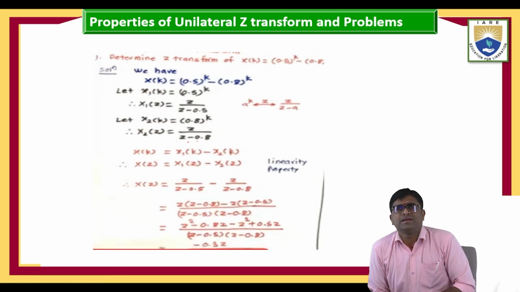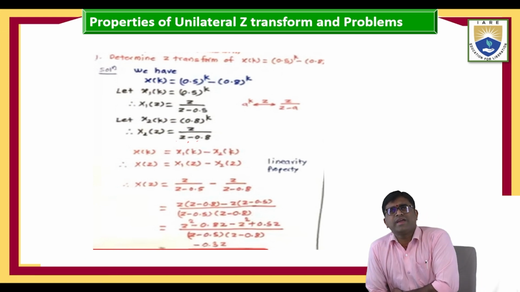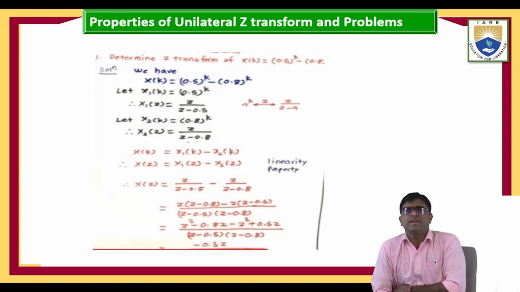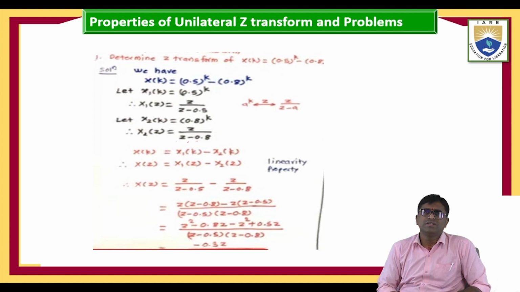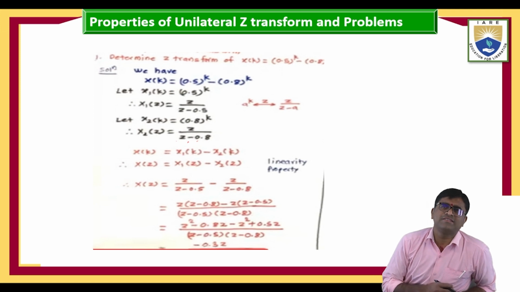Already we know x of k equals x1 of k minus x2 of k. Similarly, if you apply the z transform, x of z is x1 of z minus x2 of z. That's why it is the linear property. So the final result is x of z equals z by z minus 0.5 minus z by z minus 0.8.